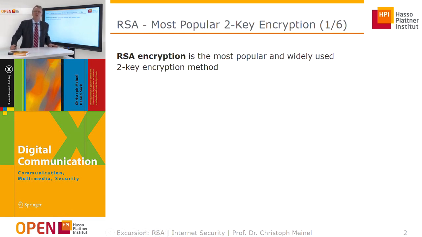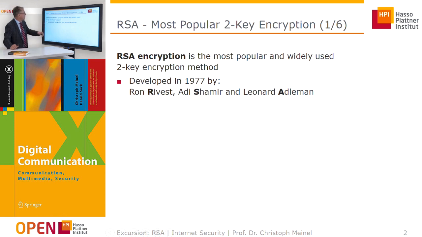RSA is really the most popular two-key encryption system. It is widely used and was developed in 1977, and RSA is simply the initials of the names of the inventors, Ron Rivest, Adi Shamir, and Leonard Adleman.